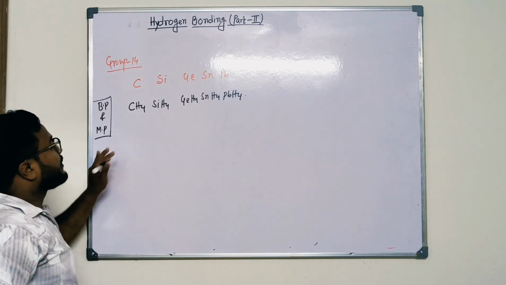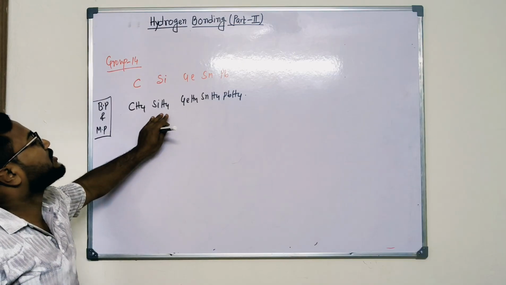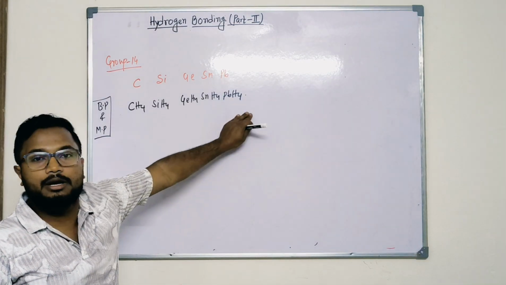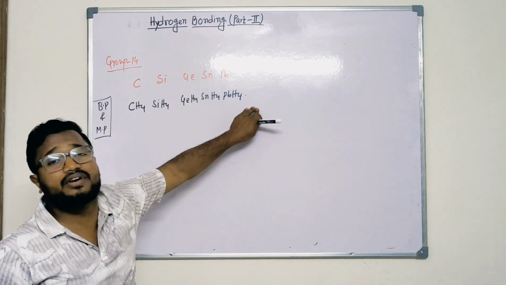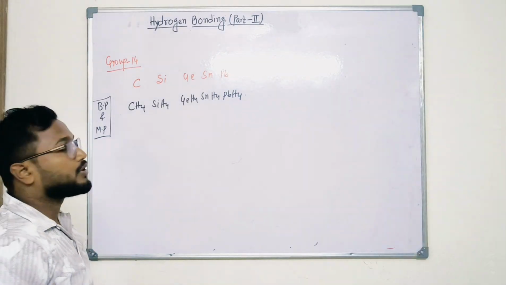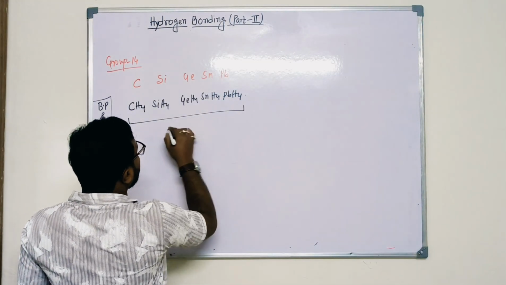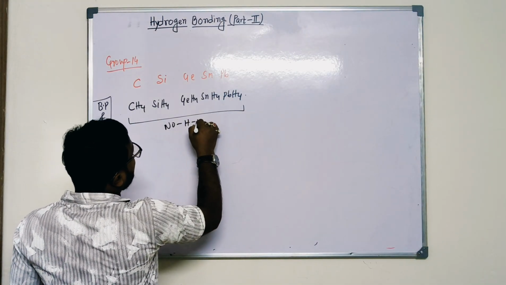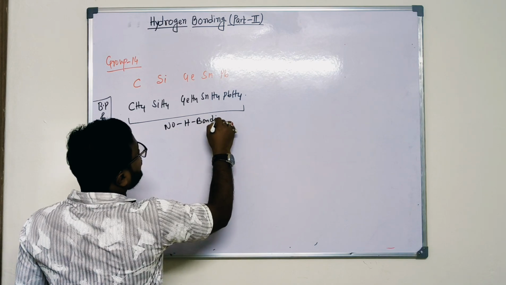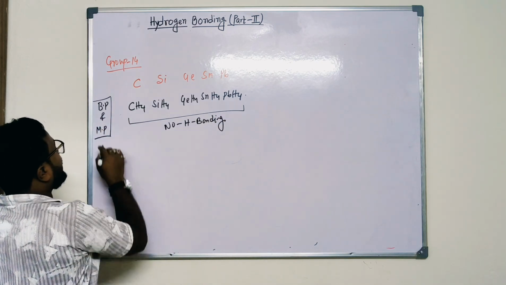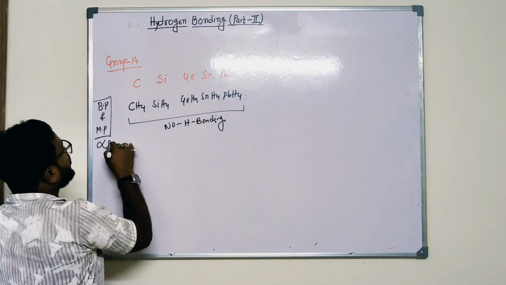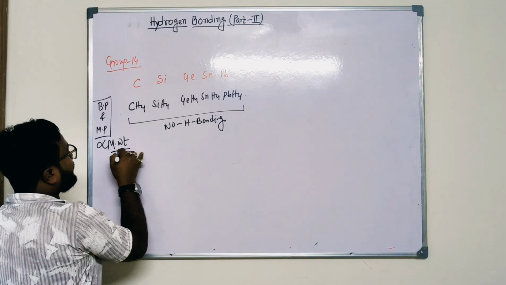So, CH4, SiH4, GeH4, SnH4 and PbH4. Is there any case of hydrogen bonding? Answer is no. So in all the cases there is no hydrogen bonding. So melting boiling point will be proportional to molecular weight of the compound.